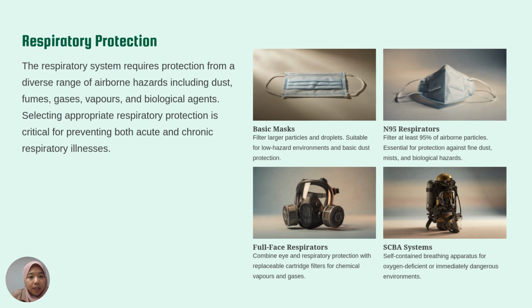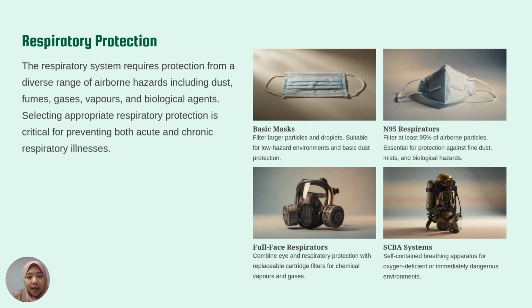The respiratory system requires protection from a diverse range of airborne hazards, including dust, fumes, gases, vapors, and biological agents. We have four types of respiratory protection. Basic masks filter larger particles and droplets, suitable for low hazard environments and basic dust protection.